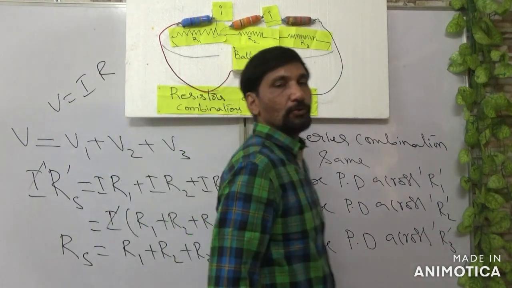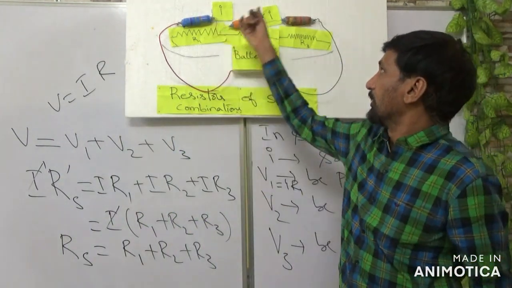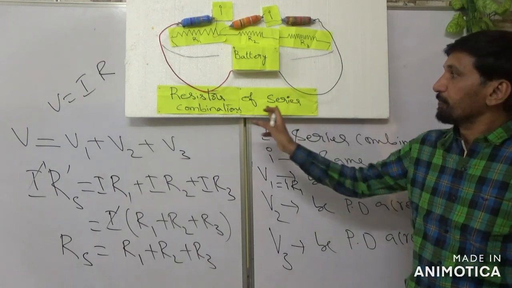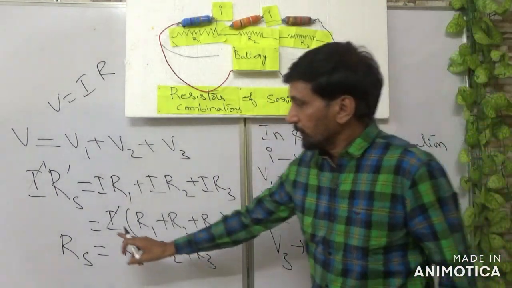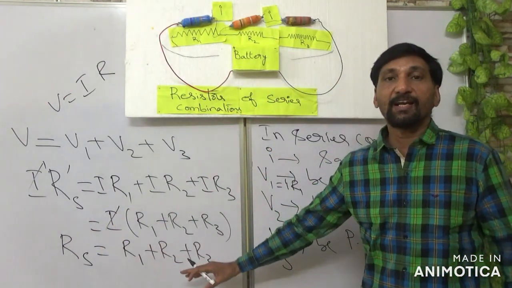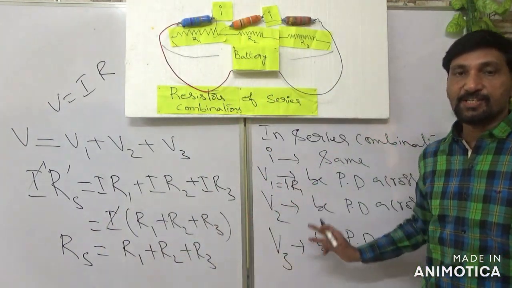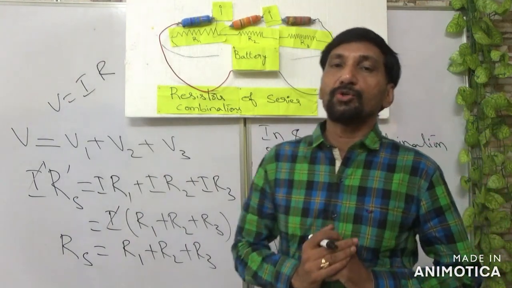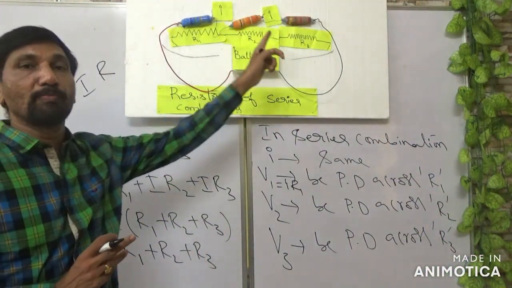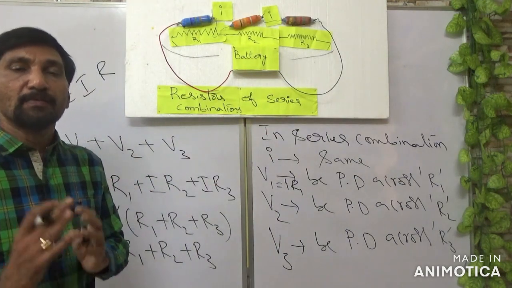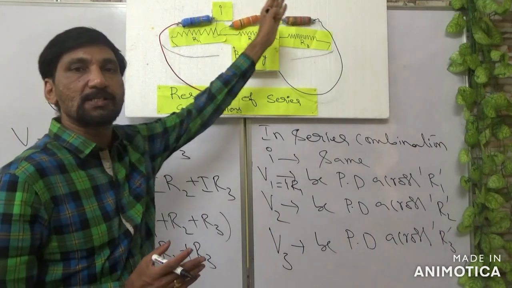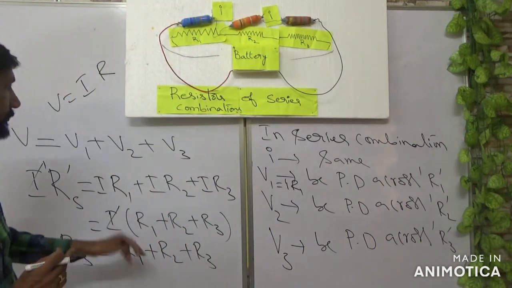Whenever you join resistors in series combination, the effective resistance is given as the sum of their individual resistances. That means, whenever you join resistors in series combination, they offer maximum resistance, because R1 plus R2 plus R3.